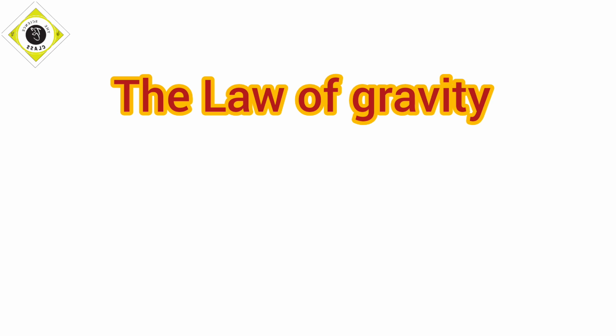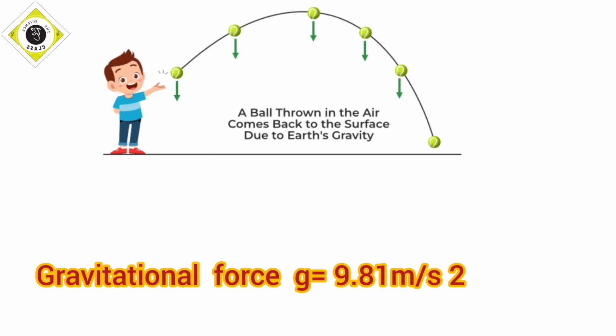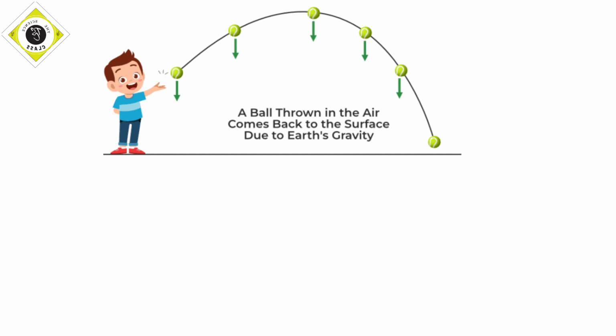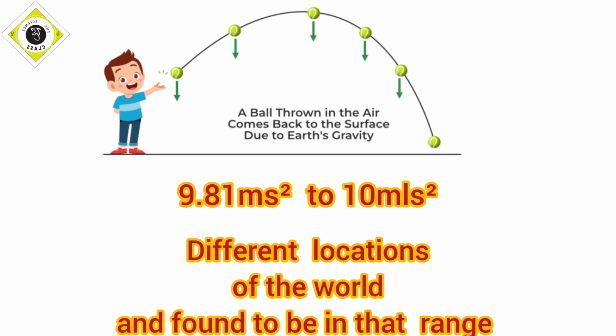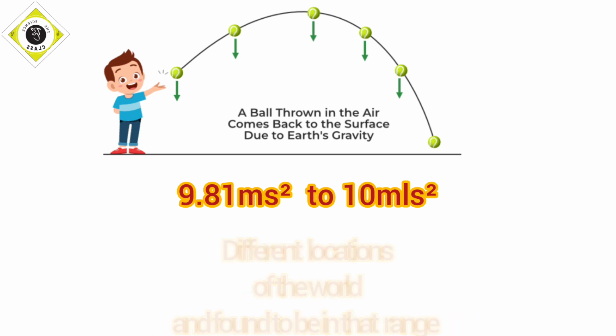The value of the gravitational force anywhere on Earth ranges between 9.81 meters per second to 10 meters per second, because it has been tried in different locations in the world, and the value is within 9.81 and 10 meters per second.